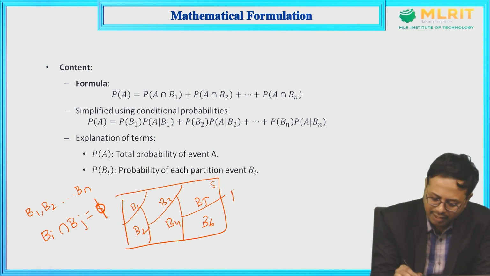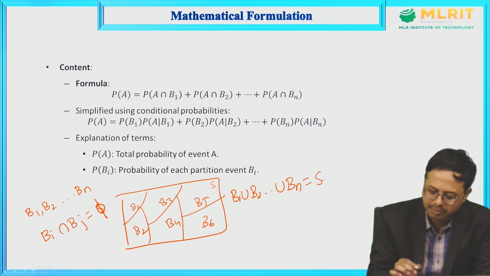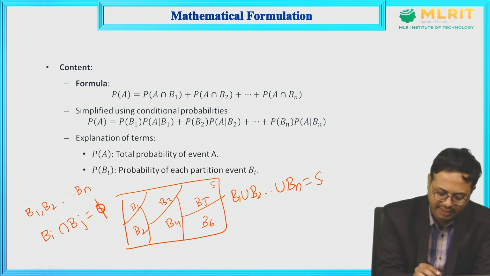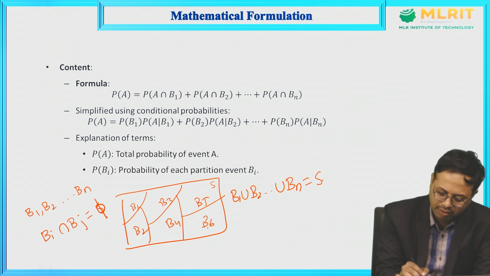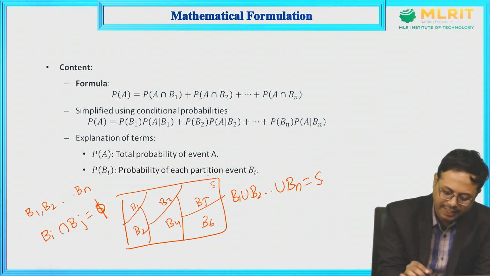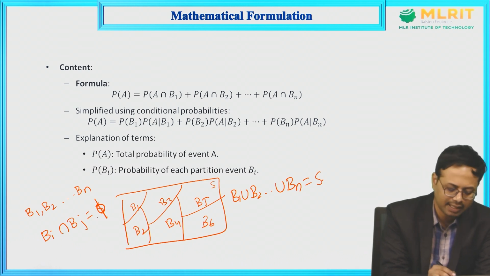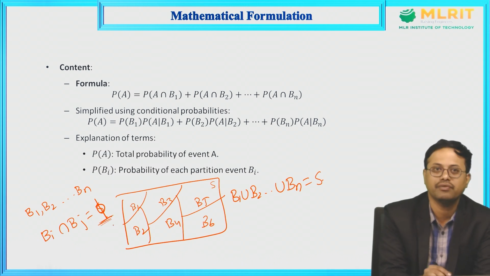And B1 union B2 and so on up to Bn represents the sample space. You can see from the figure that B1 union B2 union B3 union B4 union B5 union B6 represents the complete sample space. B1 intersection B2 or B1 intersection B3 represents the null set. There is no intersection between the elements.